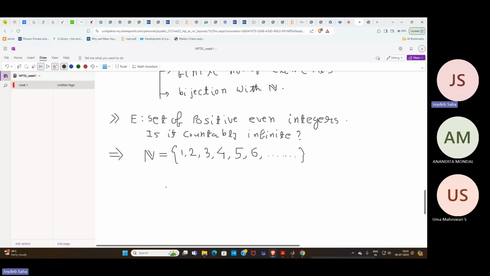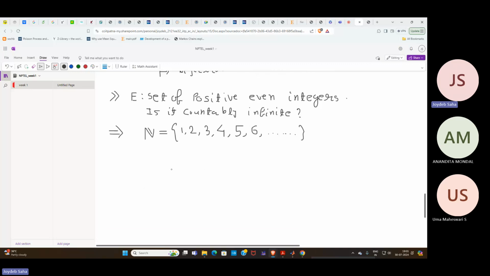This is the set of natural numbers, and if we write the set E, that includes the set of all positive even integers 2, 4, 6, 8, and so on. Now let us try to map this.